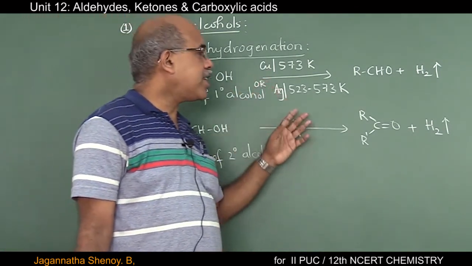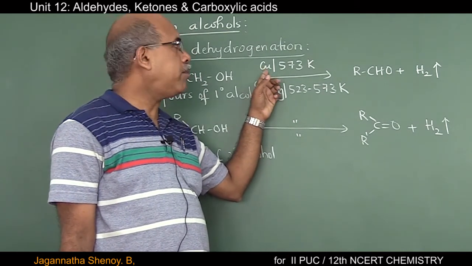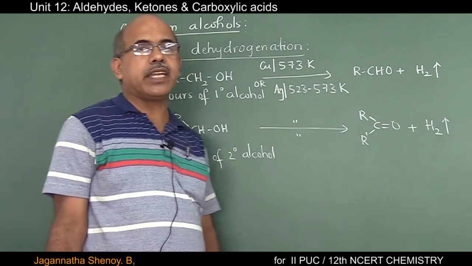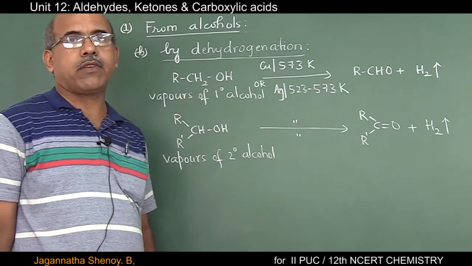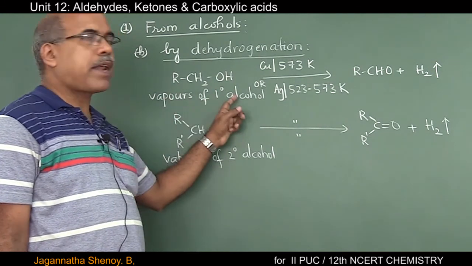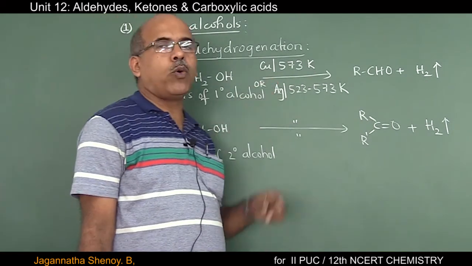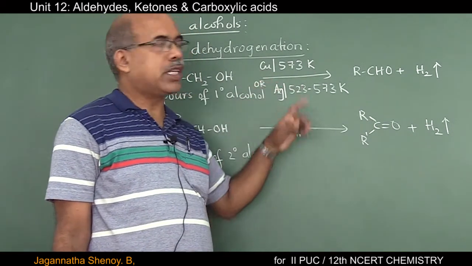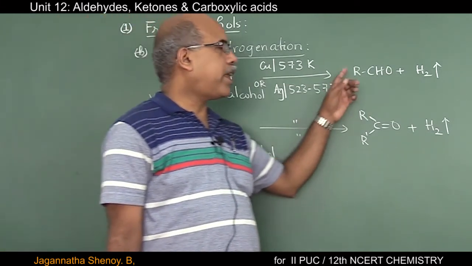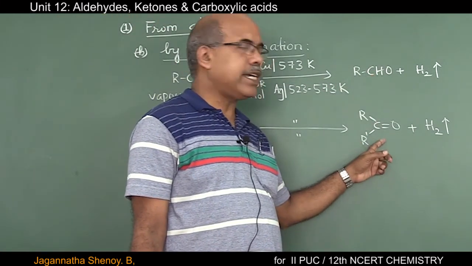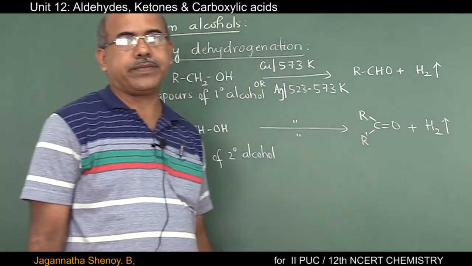But if it's asked in the board examination, always concentrate only on copper catalyst at 573 Kelvin. The reaction is carried out in the vapor phase, where vapors of primary alcohol or secondary alcohol are passed over heated copper catalyst at 573 Kelvin. The products obtained are aldehyde and ketone respectively, the byproduct being hydrogen.